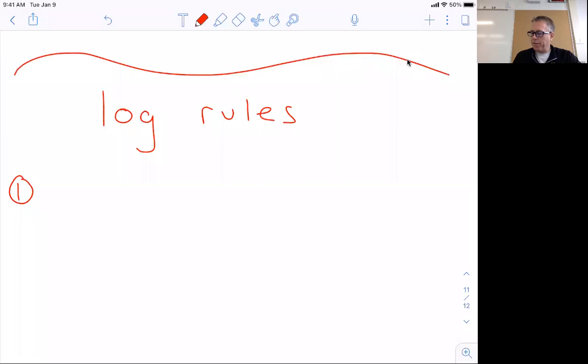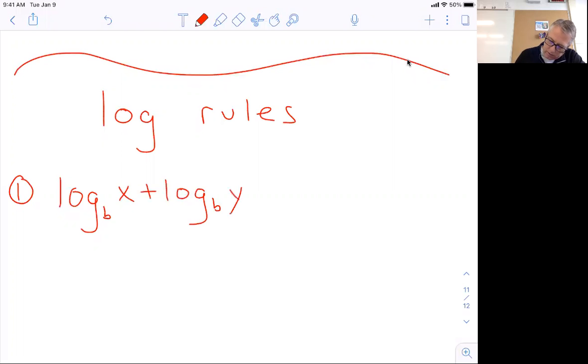So the first rule for logs is if you have a log, and I'm just going to put it base b because it could be any number, log base b of x plus log base b of y. If the 2 logs have the same base, we can condense it and write that as log base b of x times y.